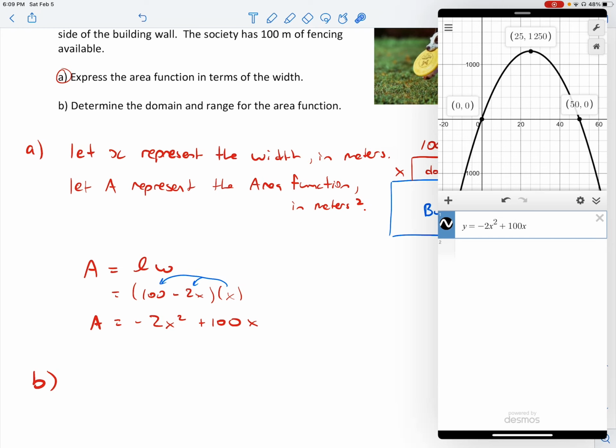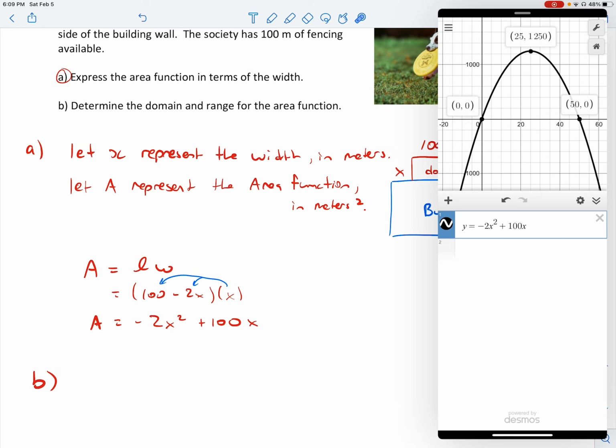Now, does it make sense for the area to have a negative value? No, it doesn't. For a real life application, if you're building a fenced-in area, an enclosed area, that area has to have some positive value. So we want everything to go from the two intercepts, 0, 0 to 50, 0. We don't want to include anything outside of that because that represents a negative area.